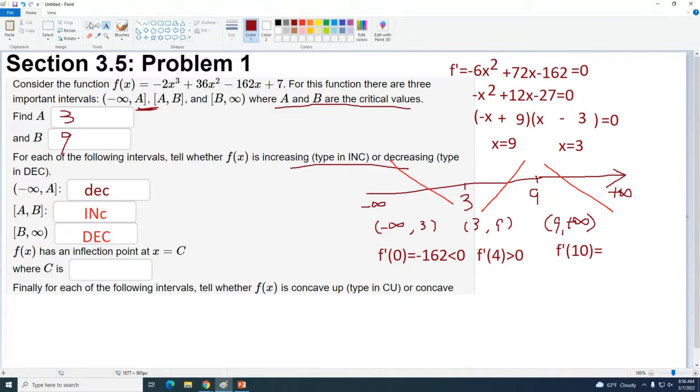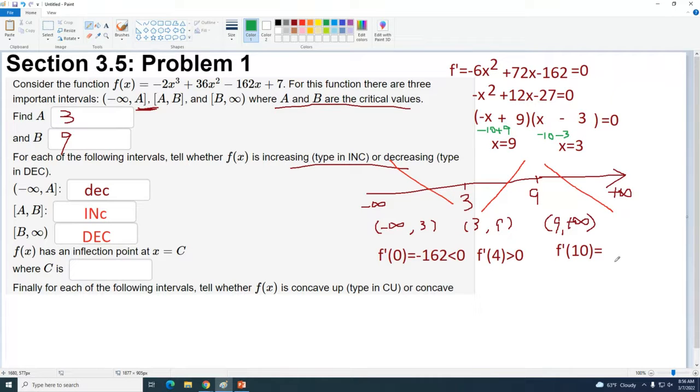So if you plug in negative 10, well, I should use a different color just not to mess it up. So it's negative 10 plus 9, which is negative, right? And it's negative 10 minus 3, which also is negative. So you have a negative number times a negative number, which makes a positive number.